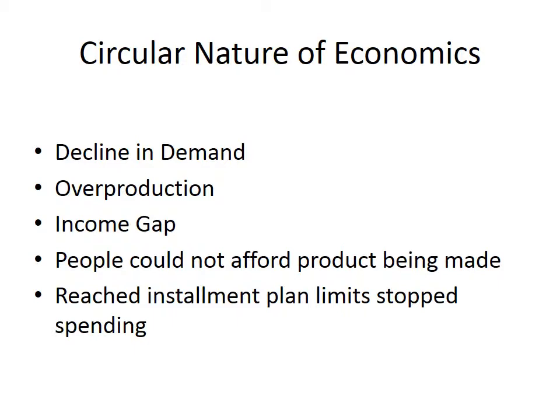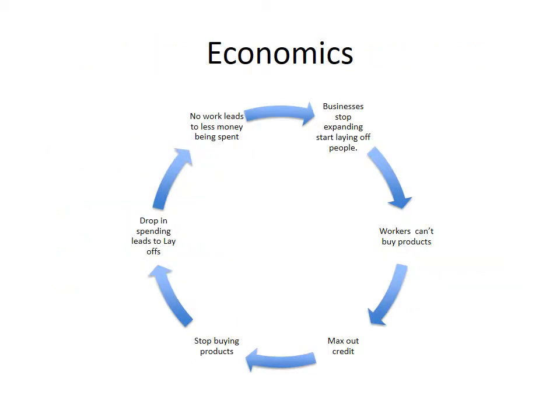In the 1920s, this problem was compounded by the fact that a lot of people were buying things on credit or installment plans. So they reached not only their spending potential, but they reached their credit potential as well. So let's look at this: a drop in spending leads to layoffs, and then no work leads to less money being spent.